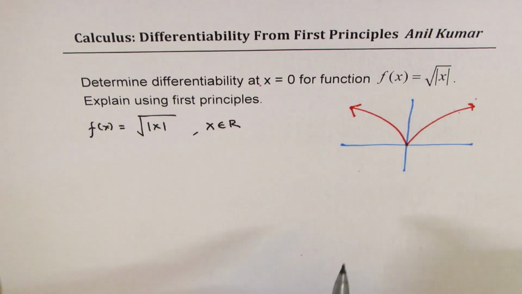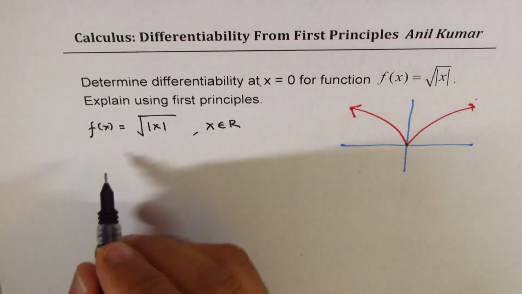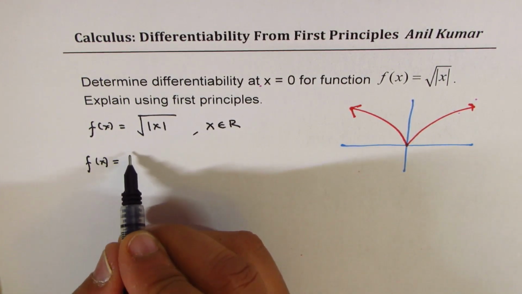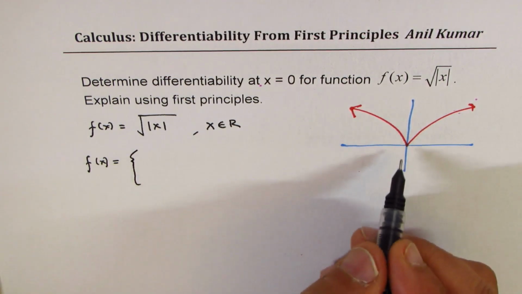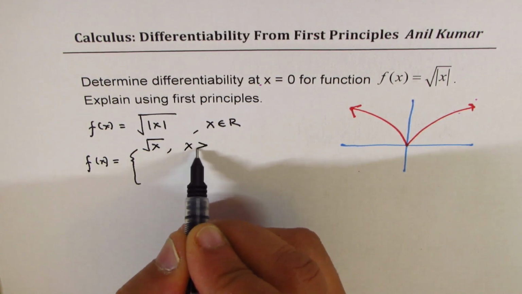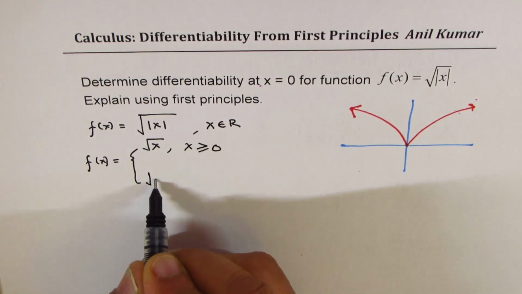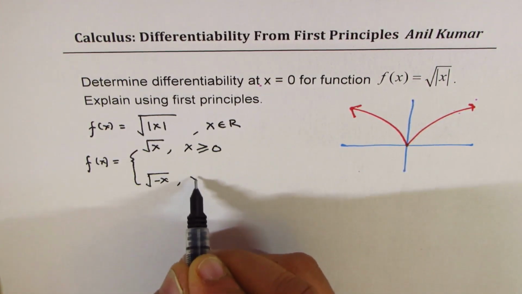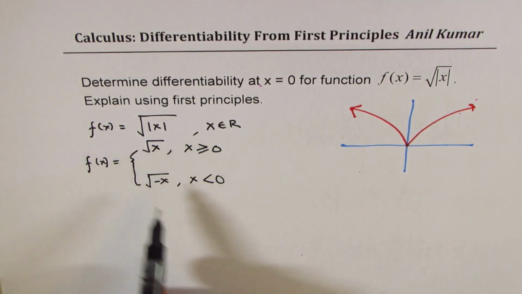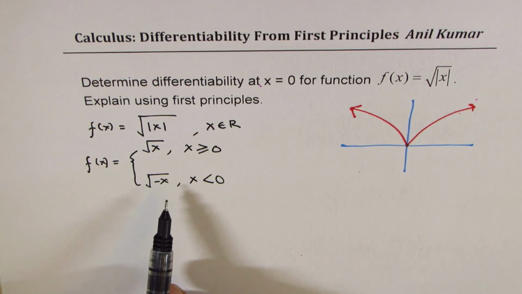So basically we have a combination. So we could write this as f of x equals a piecewise function, square root of x for x greater than or equal to 0 and square root of negative x for x less than 0. Do you get it? So that is going to be the function.